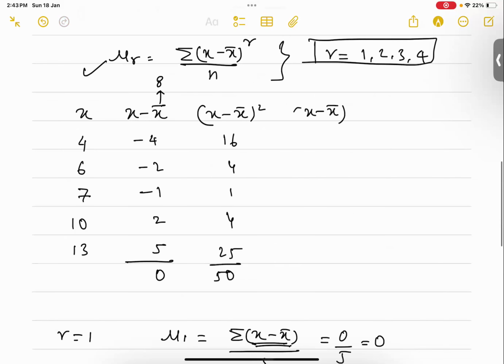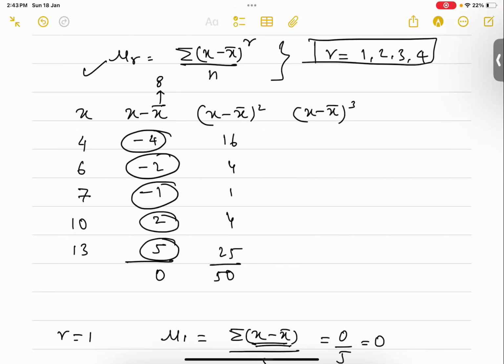Summation of (x minus x bar) raised to 4 upon 5. You put the value of r as 4 over here. Now summation is beside (x minus x bar) raised to 4. So wherever there is summation, that column should appear. If you want to calculate this, it will be simply the square of this particular column.